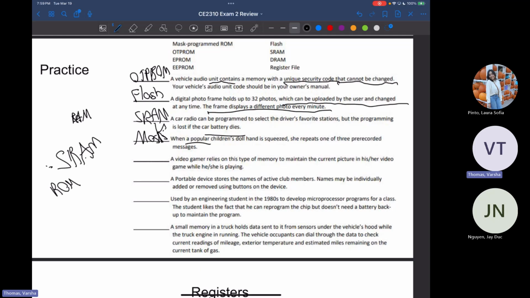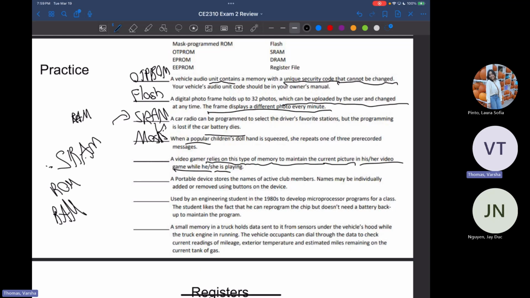A video gamer relies on this type of memory to maintain the current picture in his or her video game while playing. Okay, let's look at this. It says that he relies on this type of memory to maintain the current picture. So right off the bat we know that it's RAM, and we used SRAM, so we know it won't be SRAM.